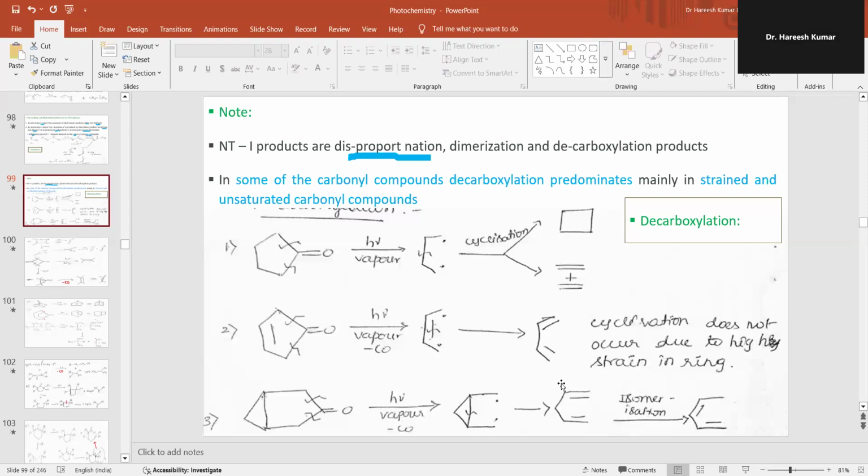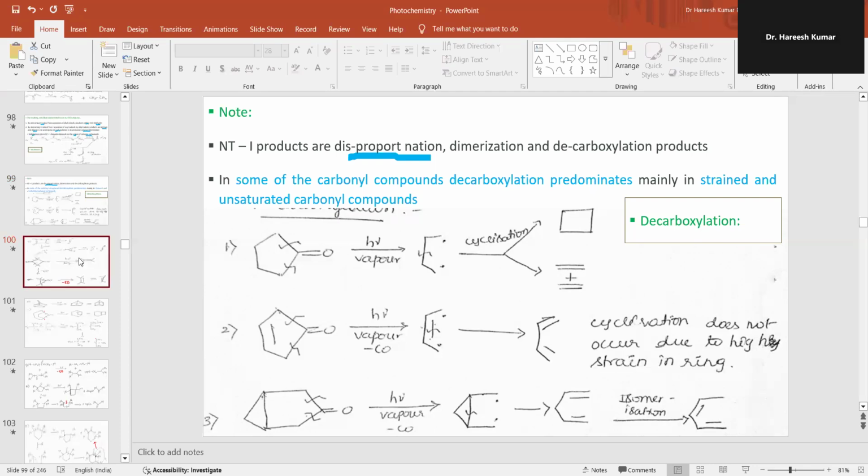So a 1,4 diene will be the product. This 1,4 diene can be isomerized to a 1,3 diene. You know that this is an isolated double bond with no conjugation, but here there is conjugation. That's the reason this kind of molecule is more stable compared to this one.